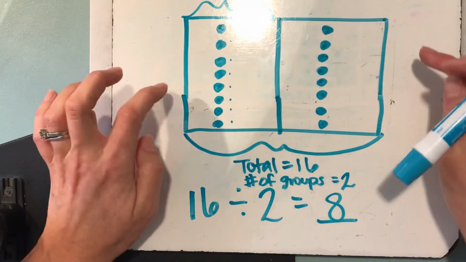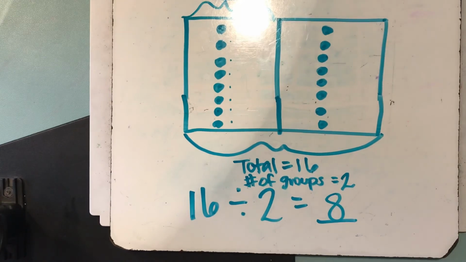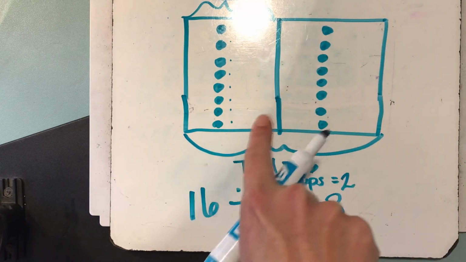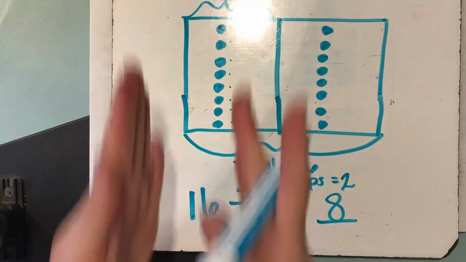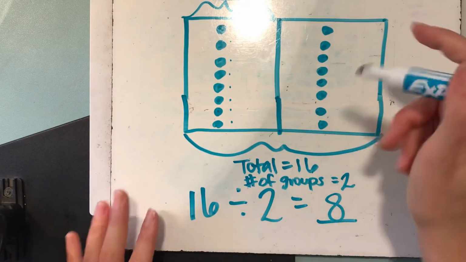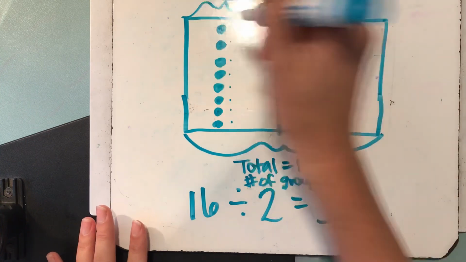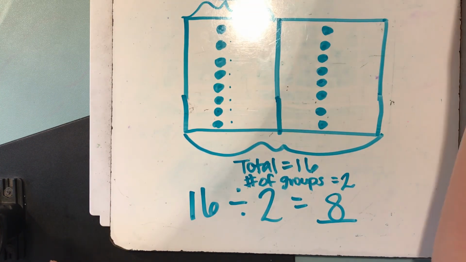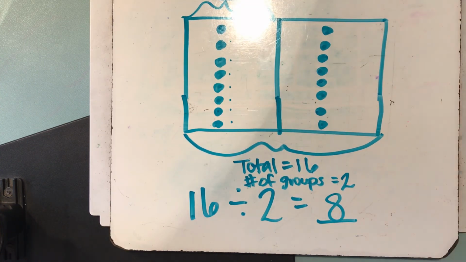Good job. So now you guys should know how to draw an array using columns, right? We're going to use columns instead of rows this time. And you can put them in a tape diagram. So it's going to take some practice.